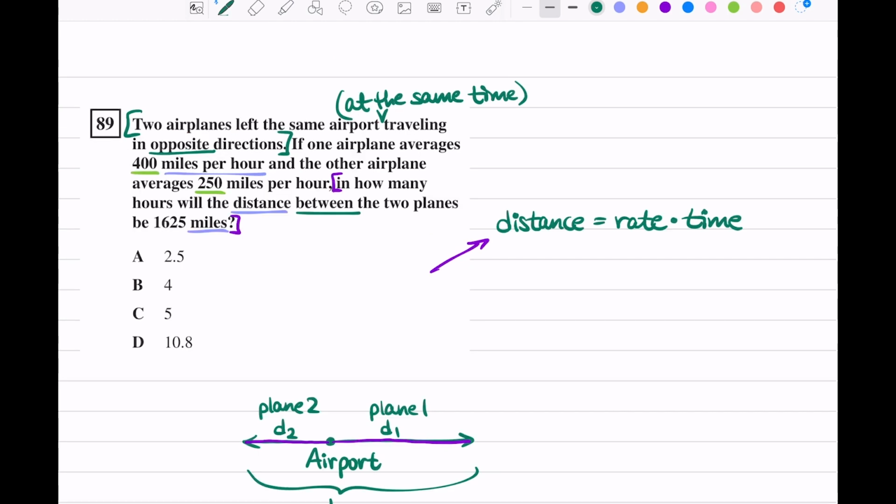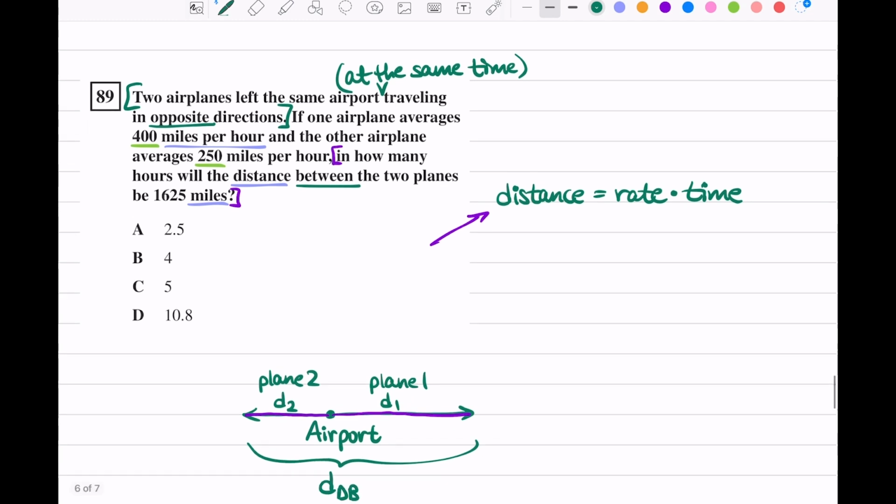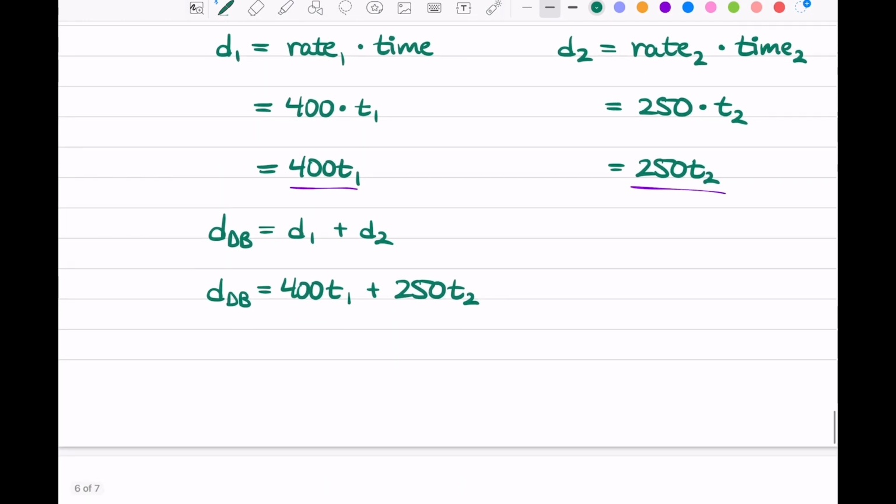So if the 2 airplanes left at the same time, that means that the amount of time that they're both flying is the same. So going back to our equation, our t1 and t2 are the same. Plane 1 is traveling for the same amount of time as plane 2. So we can replace t1 and t2 with just one variable. Let's call it t.